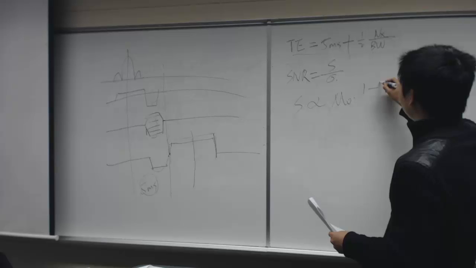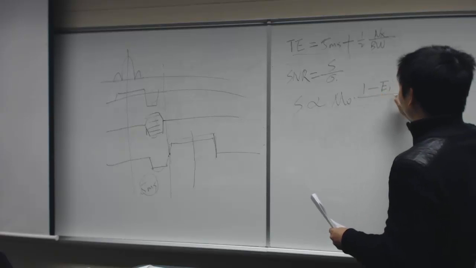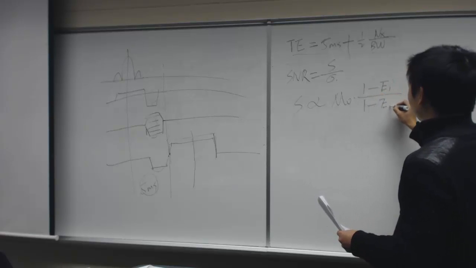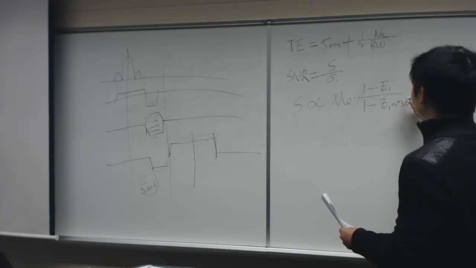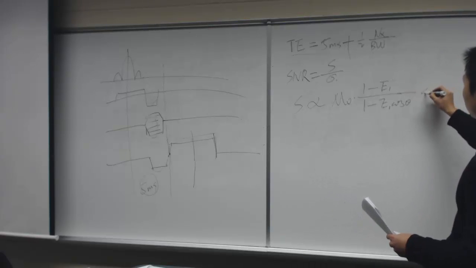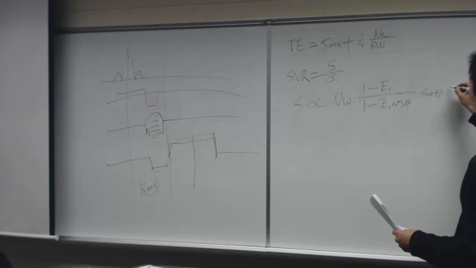So it's (1 minus E1) over (1 minus E1 cosine theta), and then sine theta, E2.